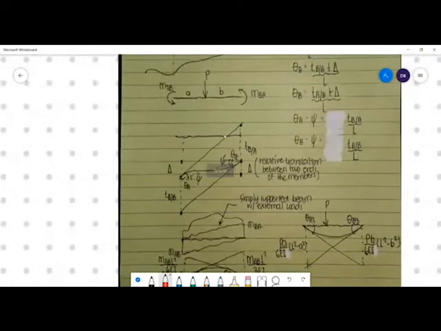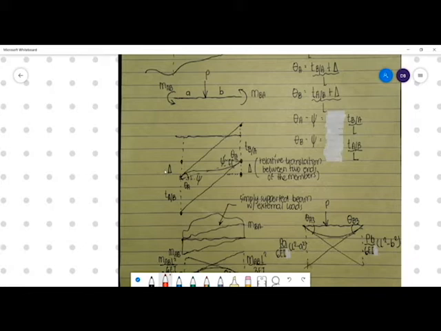I-drawing natin ulit yung elastic curve niya, no? So let's say this is your segment AB, na this horizontal line is the level, that is the undeformed position. And then when we subject it to its respective load, ganito na yung itsura niya upon deflection, no?